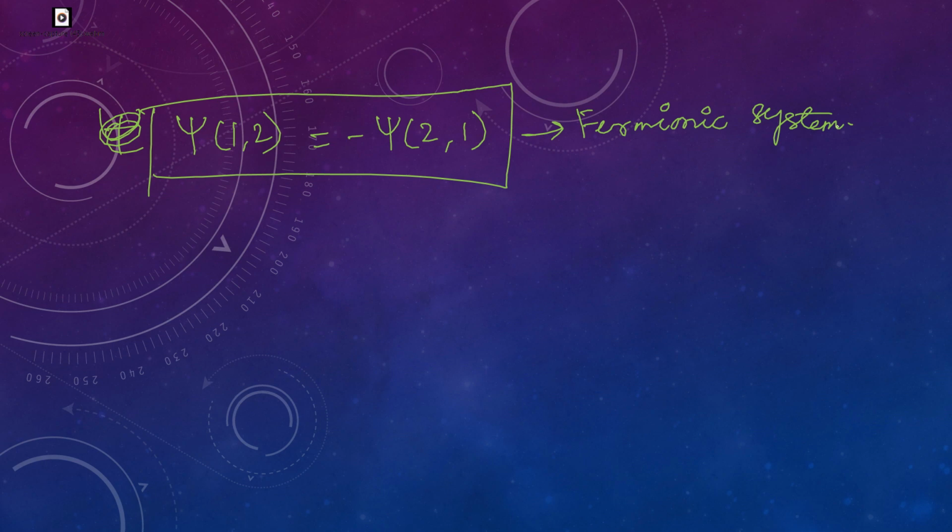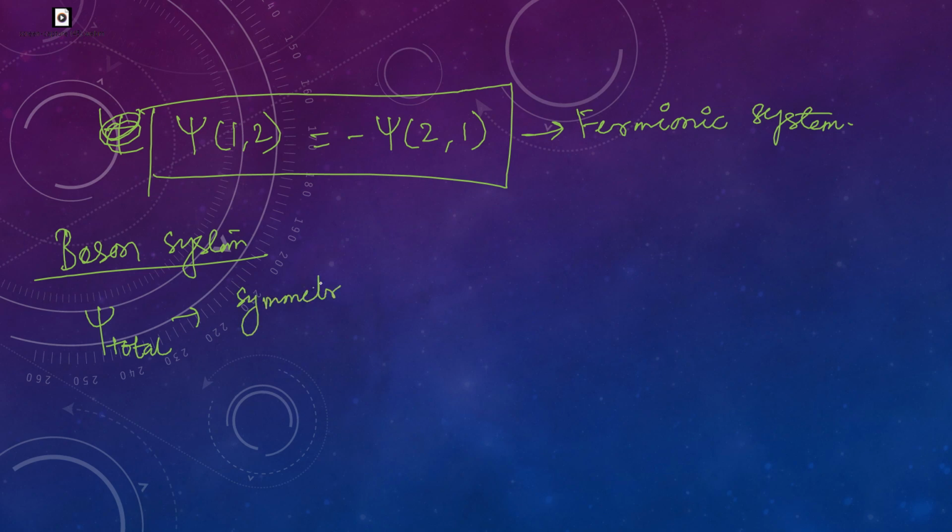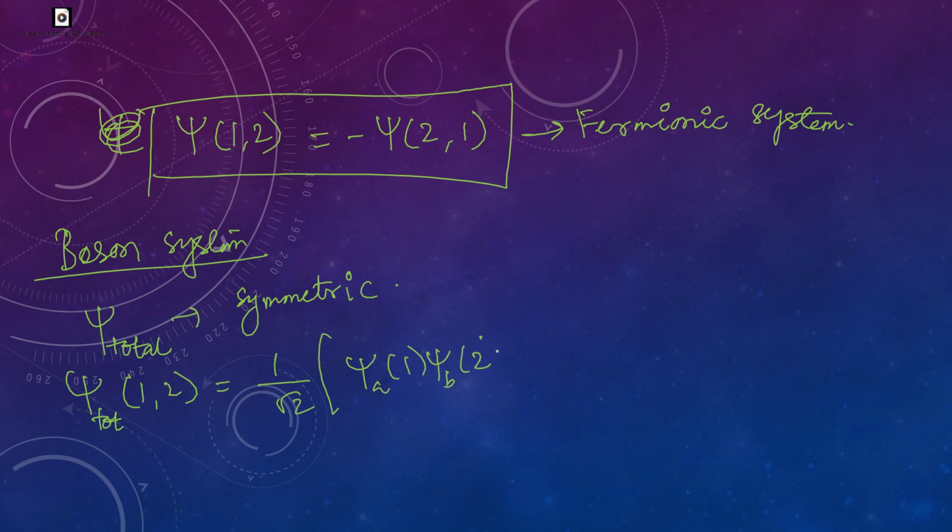Now for boson system, psi total will always be symmetric. So psi total for two particles 1 2 will be 1 by root 2 times psi A1 psi B2 plus, it will be plus because it's symmetric, psi A2 psi B1.